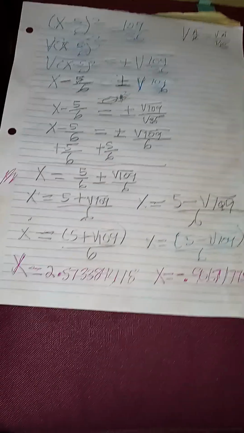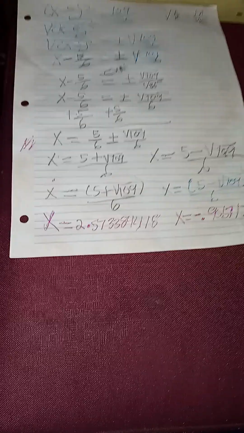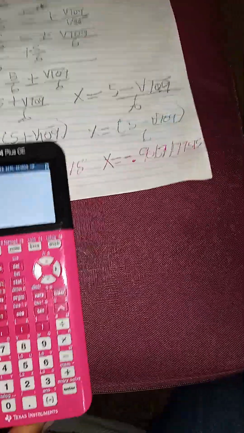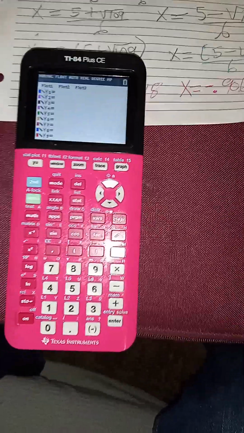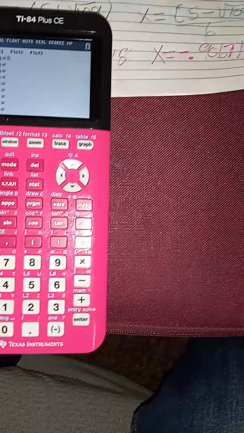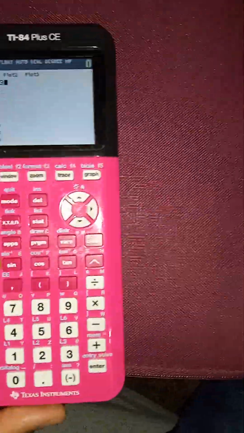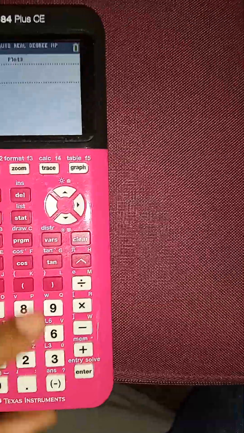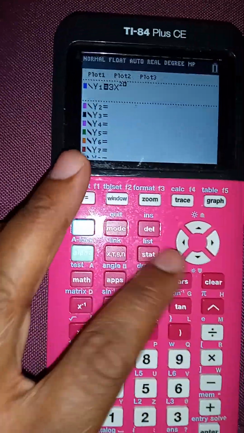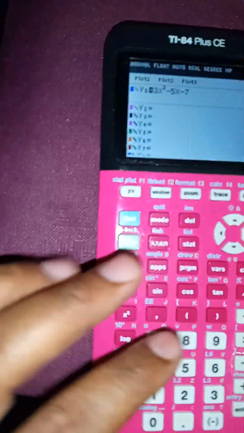Now we need to prove this graphically. So we must type the original equation in. And the original equation as specified was 3x squared minus 5x minus 7.